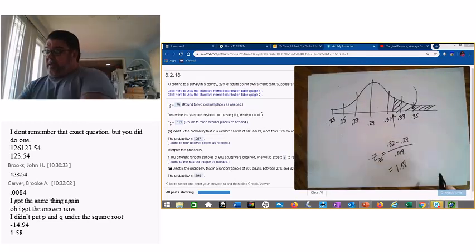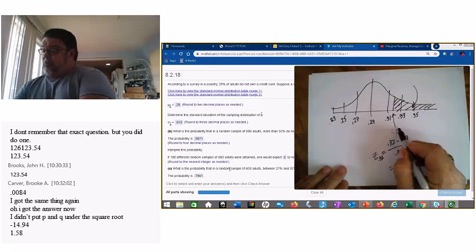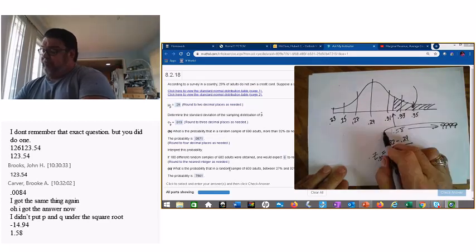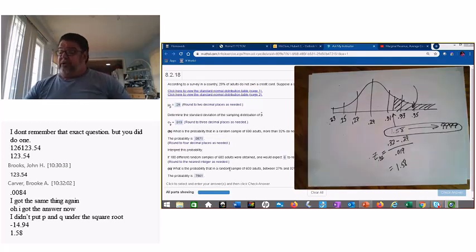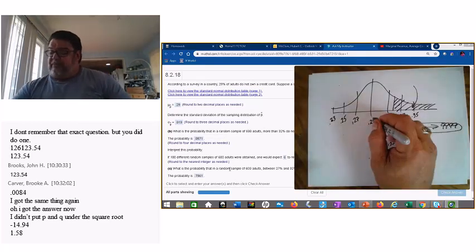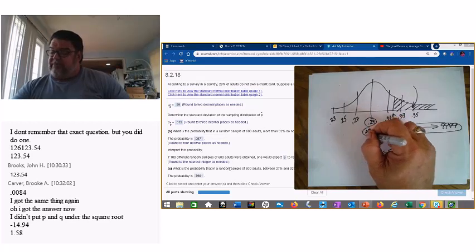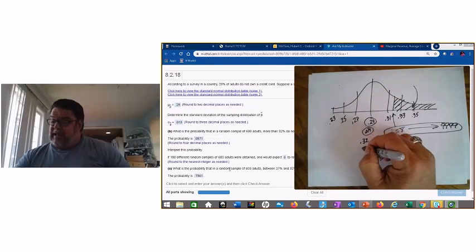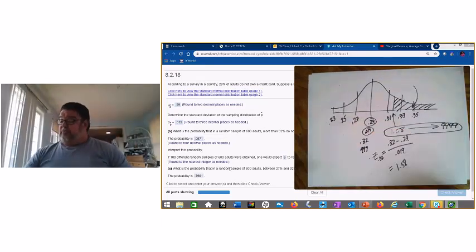Now take your handy dandy calculators and do a normal CDF of 1.58 to 9999 if you have an old calculator. If you have a new calculator, you would type in 0.29 for your mean, 0.019 for your standard deviation, and then go from 0.32 to 9999. Tell me what you get, 4 digits, please. I'm not going to pull up the calculator because it just takes too long.